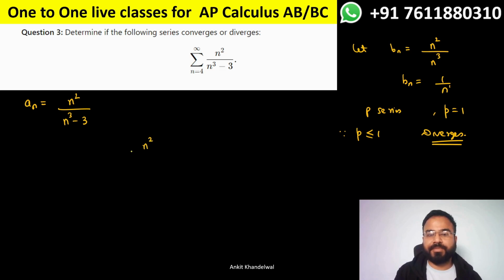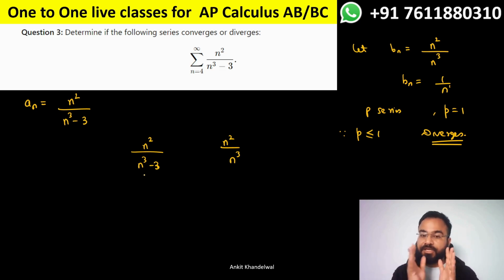So if you want to compare, you can compare like this. Let's make it n square by n cube minus 3, and n square by n cube. The numerator for both of them is same. Now the denominator on the left hand side is smaller. If the denominator is smaller, then the complete fraction will be larger. So this is greater, right? Now in this case, we know the smaller one diverges.